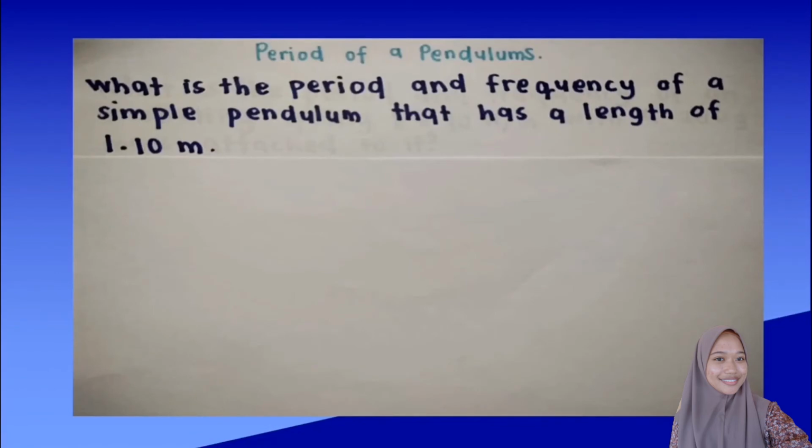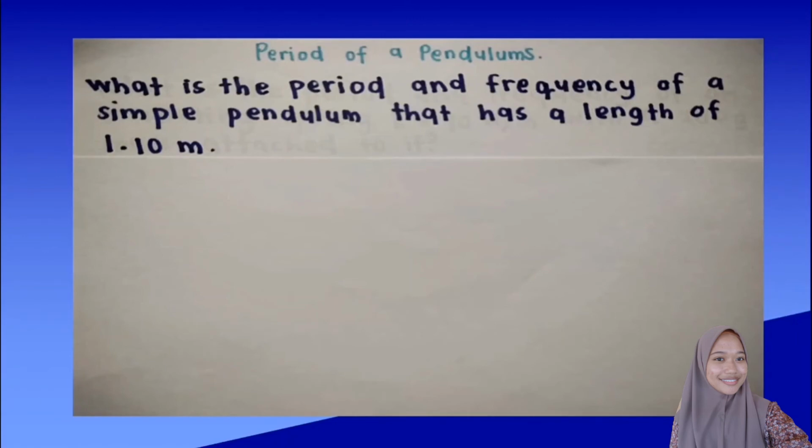Soalan yang kedua yang berkaitan dengan period of the pendulum. What is the period and frequency of the simple pendulum that has a length of 1.10 meter? So dia suruh kita kira period and frequency.